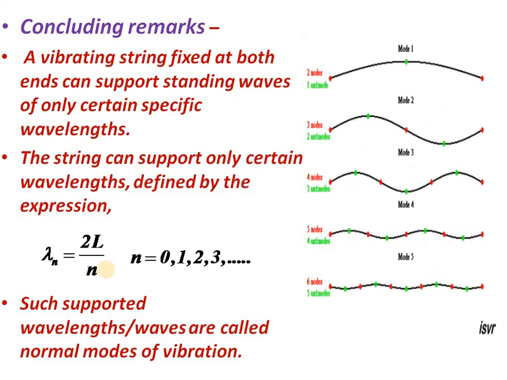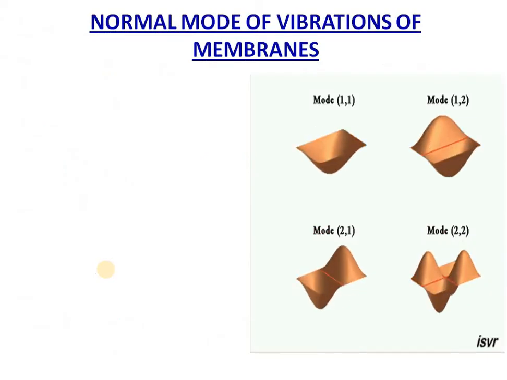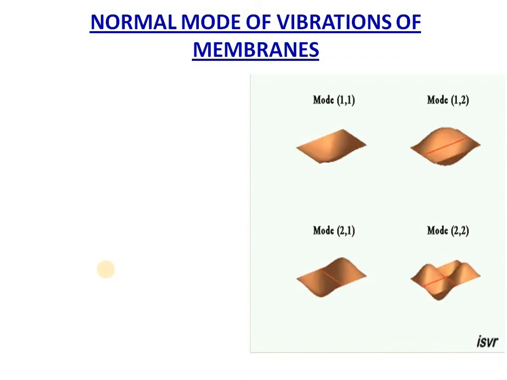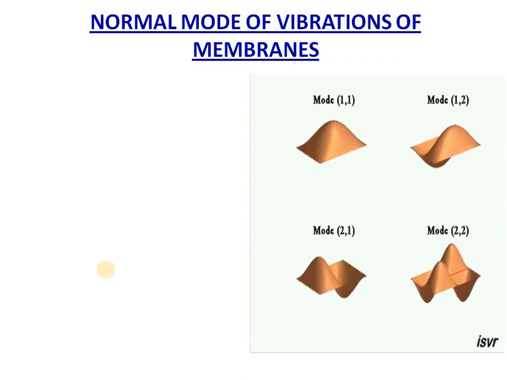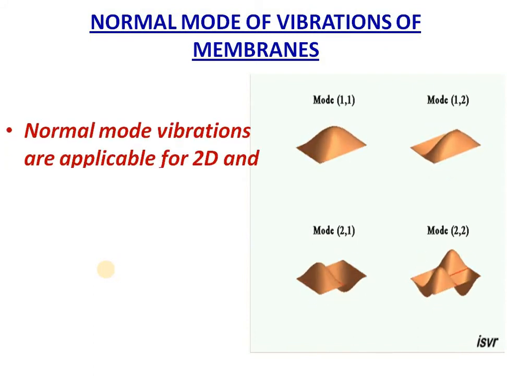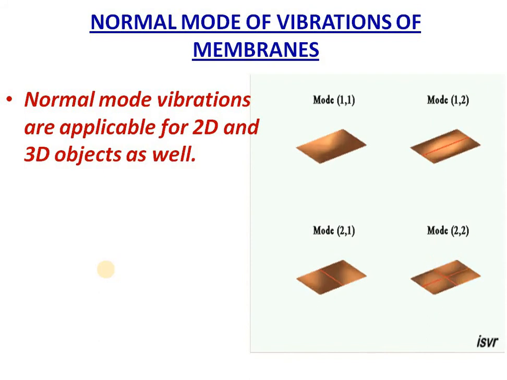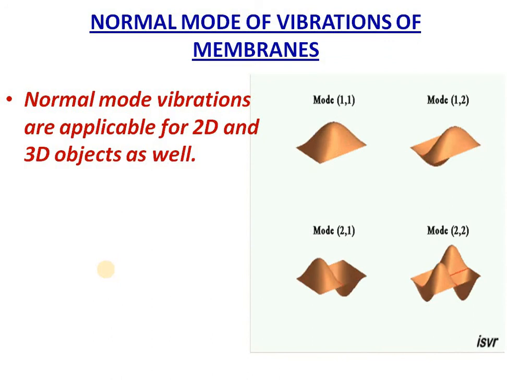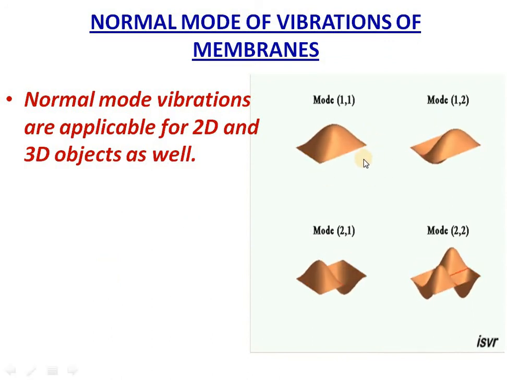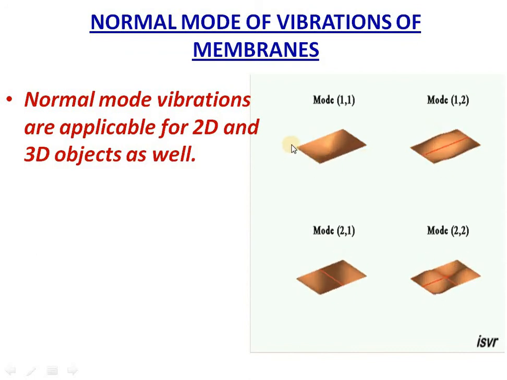Keep in mind that modes of vibration are not only applicable to linear things like springs, wires, rods, etc. They are also applicable to surfaces and membranes, two-dimensional surfaces, three-dimensional surfaces, and three-dimensional objects. As an example, the modes of vibration of certain two-dimensional membranes are shown there. Membranes are nothing but simple flexible elastic surfaces.